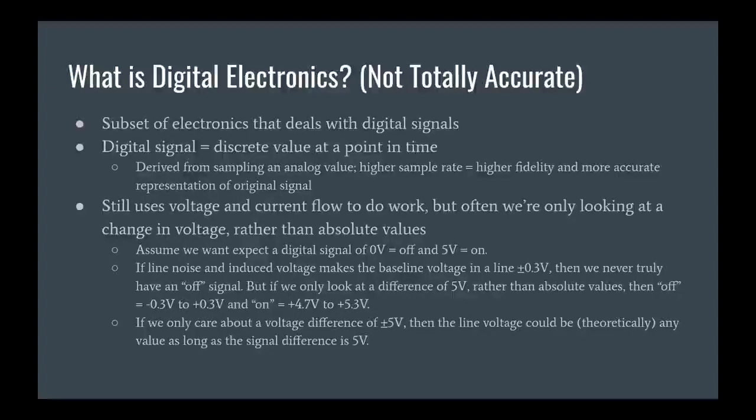So, assume we are expecting a digital value of 0 for off, 5 volts for on. Basically on or off. In an analog system, you would get line noise and induced voltages and stuff like that that may change the actual measured values. If you've ever used a voltmeter, you may have seen this where it kind of bounces around and it's not a constant value. It may fluctuate a little bit.